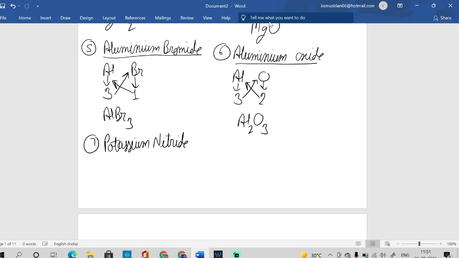So now the main thing is nitride means nitrogen gaining 3 electrons. So it is nitrogen and has 3 valency. So its formula will be K3N, potassium nitride.